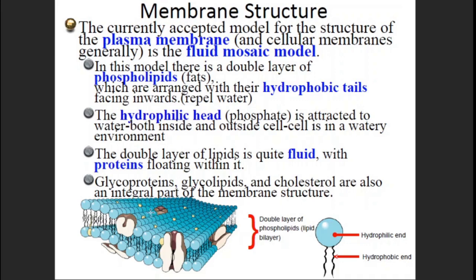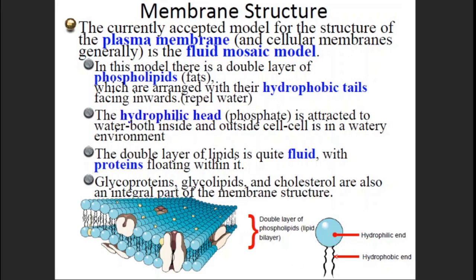Here we can find these structures. These blue color structures are the phosphate groups, and this small thread-like structure is the fat or fatty acid tails. This one, which we can call a hydrophilic head, is made up of a phosphate group, and this tail is the hydrophobic tail made up of lipids.